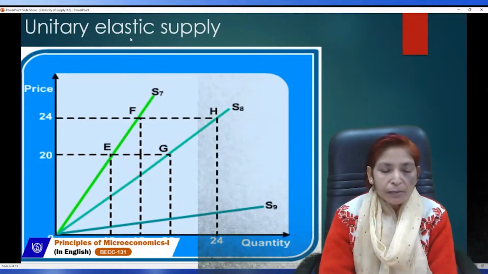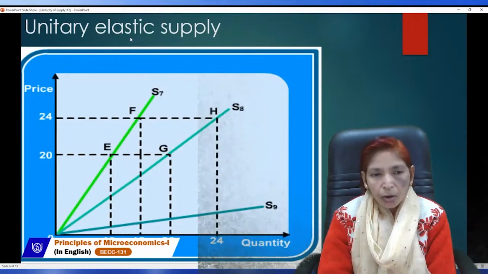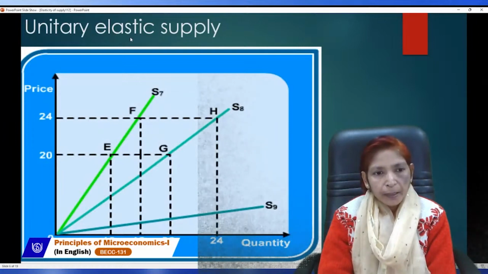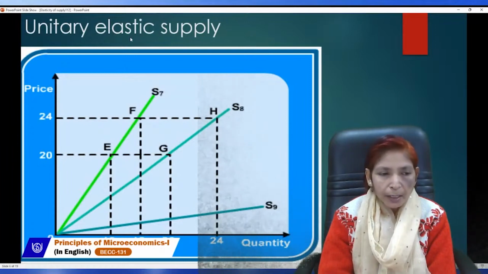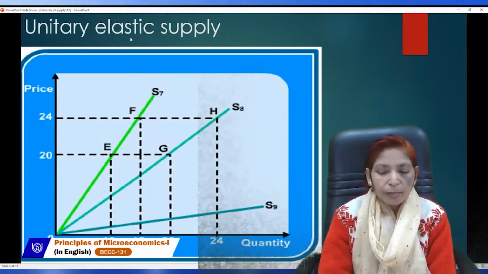If a line passes through the origin, whether it is S7, S8, S9, all these curves show unitary elastic supply. It means there is the same change in quantity supplied and the same change in price. That's why elasticity of supply will be unitary elastic.